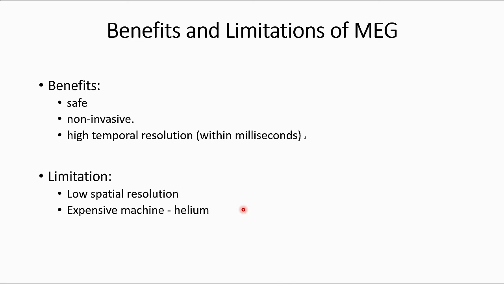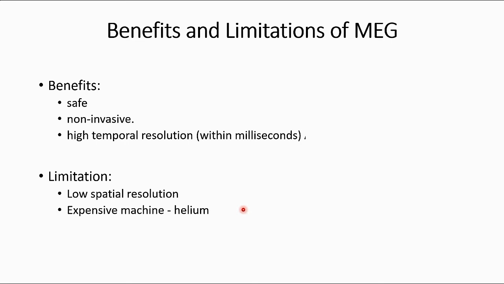As for benefits, MEG is a safe and non-invasive method to examine the magnetic field activity of the brain. The temporal resolution is high, around a millisecond, compared to functional magnetic resonance imaging. However, as for the risk or limitation of MEG, the spatial resolution is poor, within centimeters.